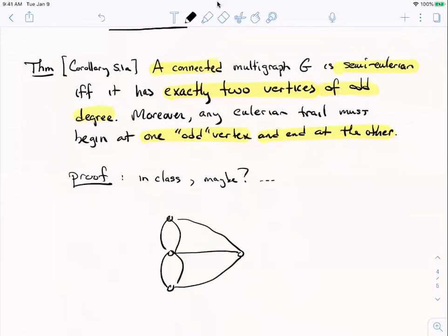Looking at that graph, I can see a vertex of odd order. I can see another one, but unfortunately I can see more. In fact, I think all of those vertices have odd order. So this graph is not traversable. This graph cannot have an Eulerian circuit. It cannot have an Eulerian trail. It's not traversable.